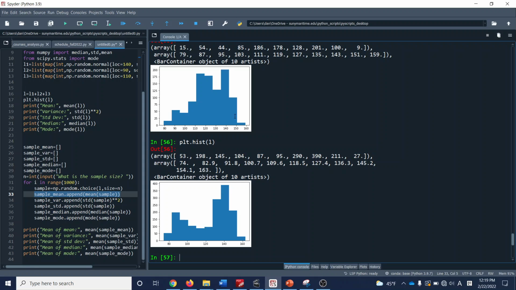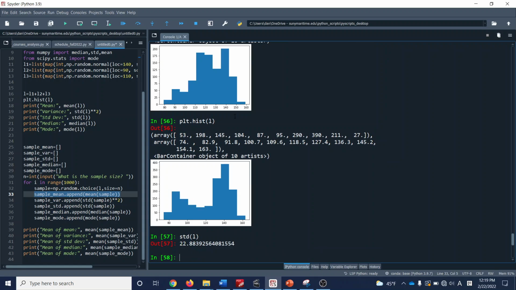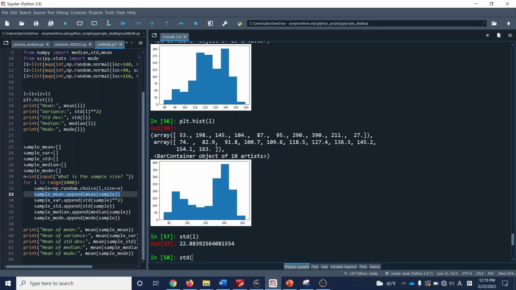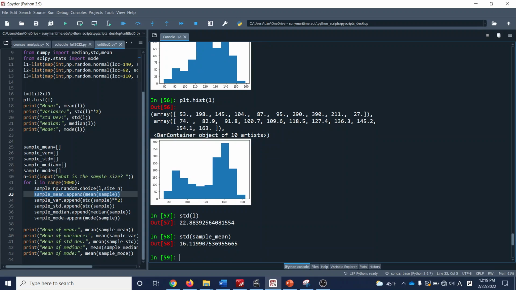Yeah, because it doesn't vary that much. So in fact, the variance changes. Let's see, the standard deviation of the original one is 22.88, but if you calculate the standard deviation of this sample mean, it's smaller. Okay, and we actually know how much smaller it is.